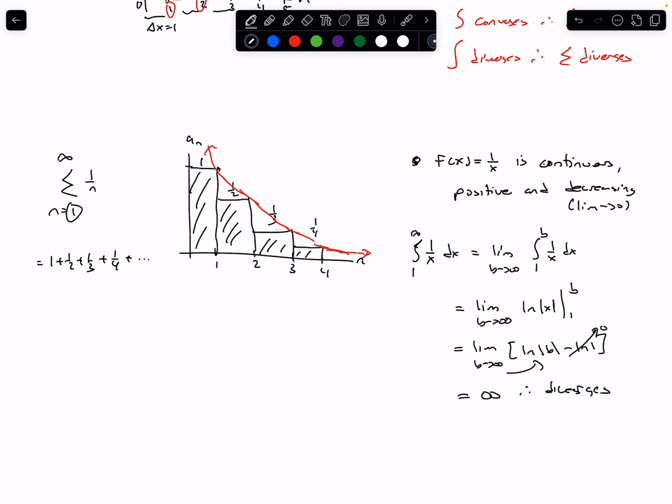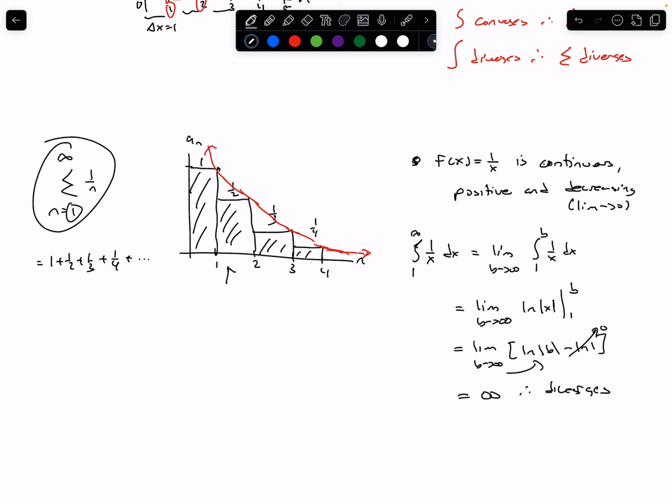So we're saying here that the area of my integral diverges. It goes on forever and ever and ever. And remember, what that means is if my area keeps going on forever, that means I can always add more rectangles for my Riemann sum. Remember, Riemann is going to give me my series.